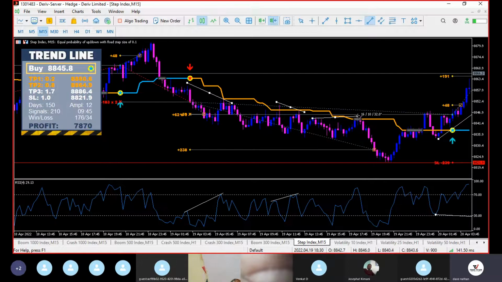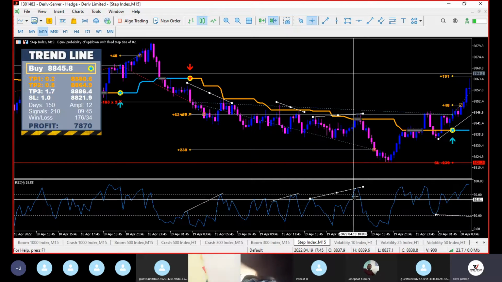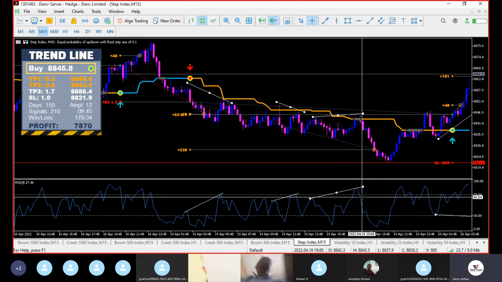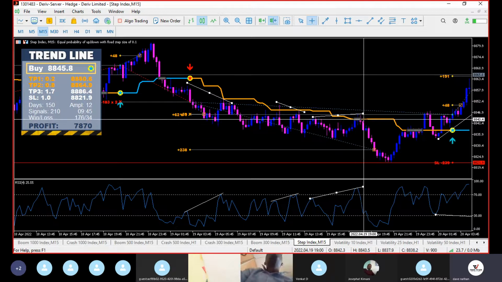No, there was not, because this is just a convergence. Convergence is when the movement of the indicator and the chart are moving pari passu. You can see this is heading upwards, and this is also heading upwards. So this is a convergence and not a divergence. But we had two confluences: RSI going above the 70 and crossing back below, and the dynamic resistance.